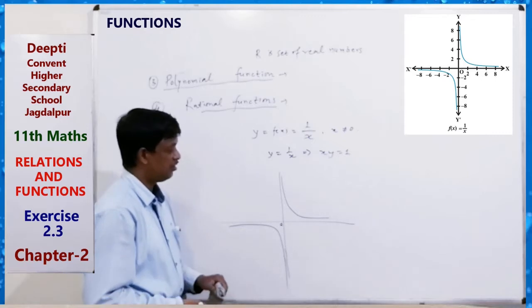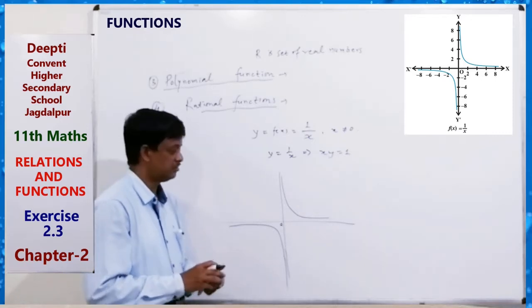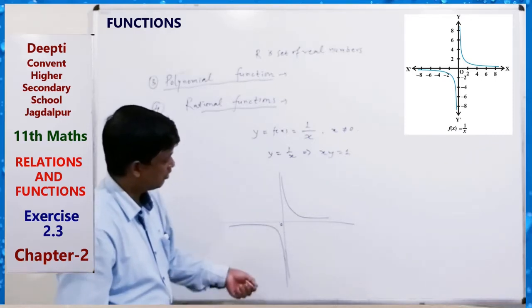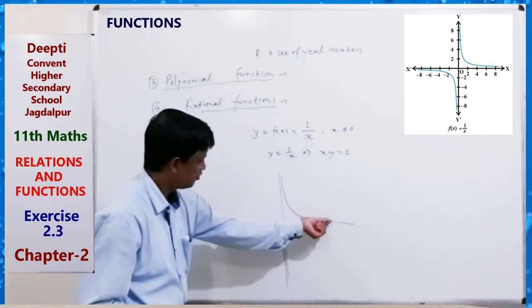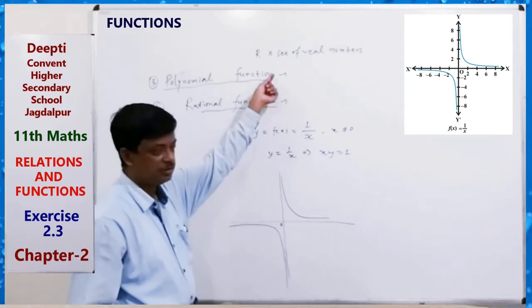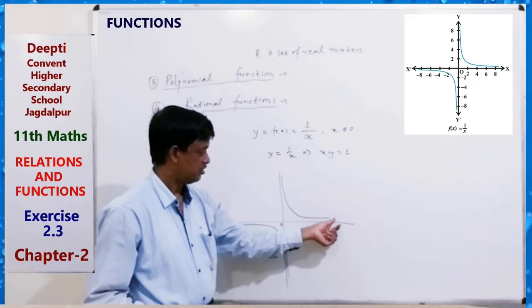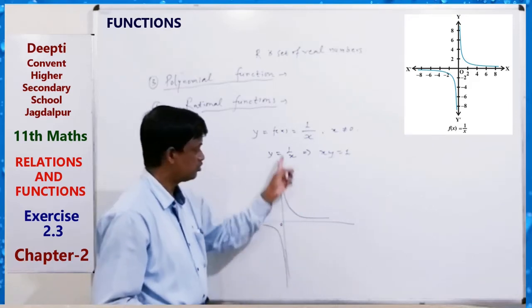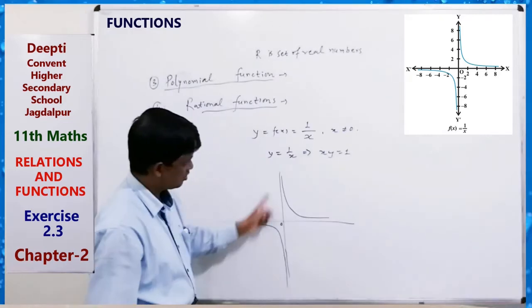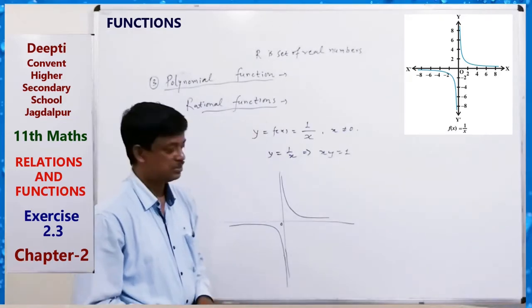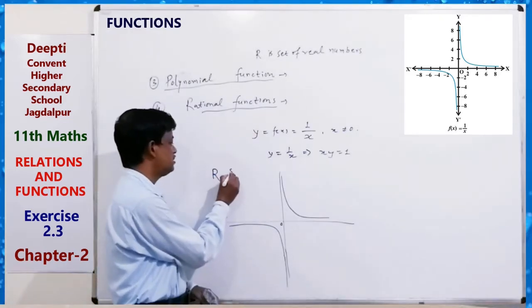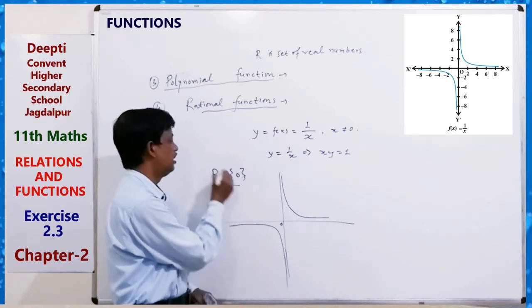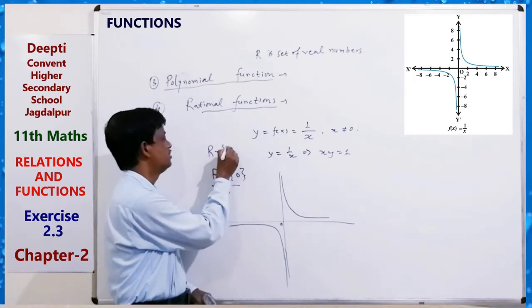And other than 0, the value of y also goes up to infinity, positively and also negatively. So the range is R minus 0, and the domain is also R minus 0.